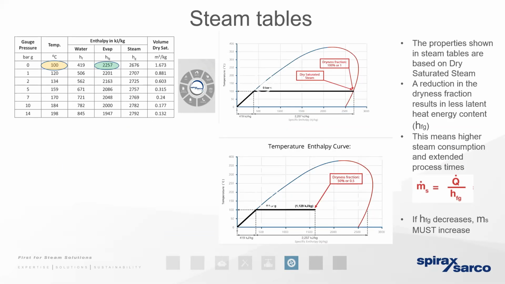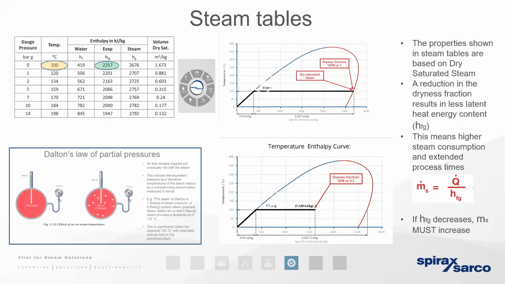So if we've got steam that is 50% dry, 50% wet, there's going to be 50% of the energy present in that mass of steam. And if we've further got a mass of air that is entrained within that steam, then the moisture, together with the insulating effect of the air, it means that that rate of heat transfer is likely to extend and extend and extend.